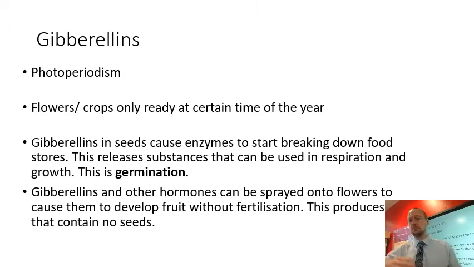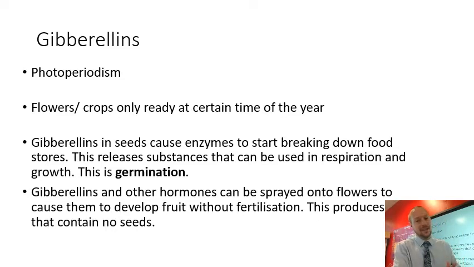Some flowers bloom later on. Some flowers actually still come up when it's snowing. So things like snowdrops are like the first plants. Some flowers don't bloom till really late autumn. But different plants can flower and produce fruit at different times of the year.